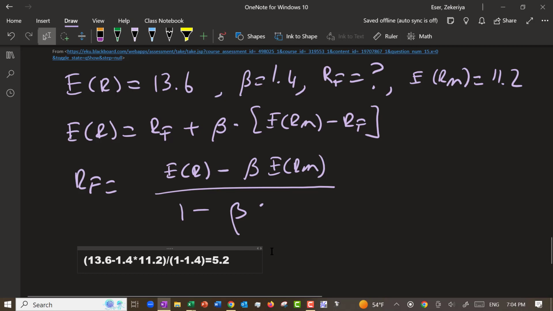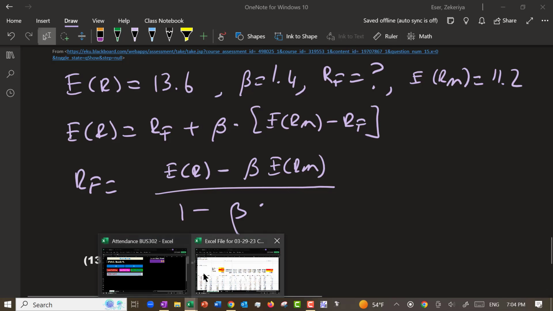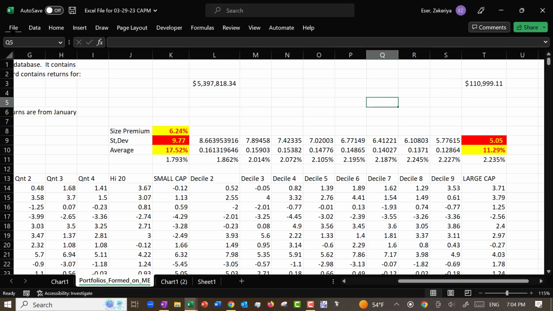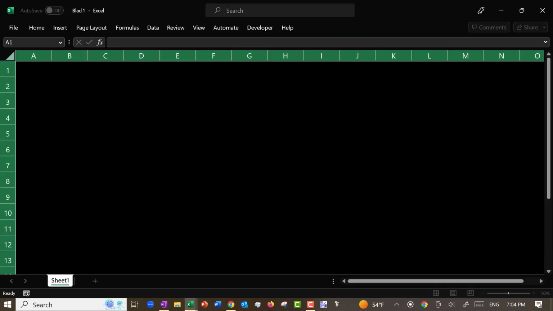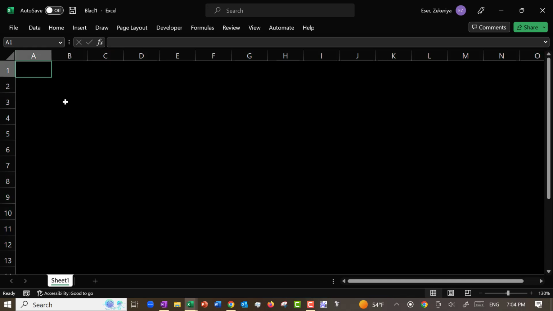That's through algebra. Alternatively, we solve things in Excel using much better methods. So I have expected return, risk-free rate, beta, expected return on the market.